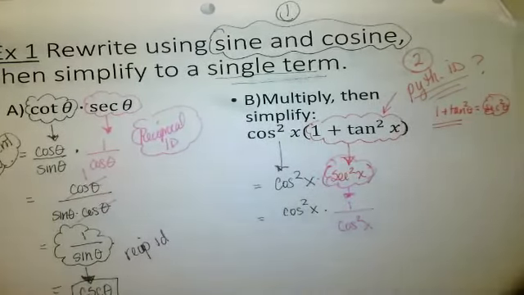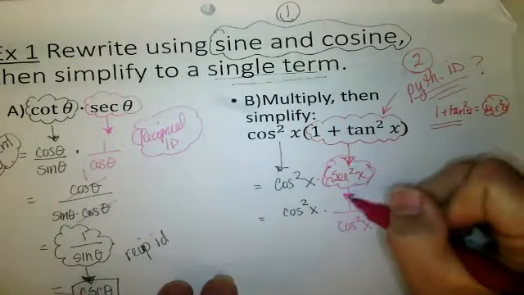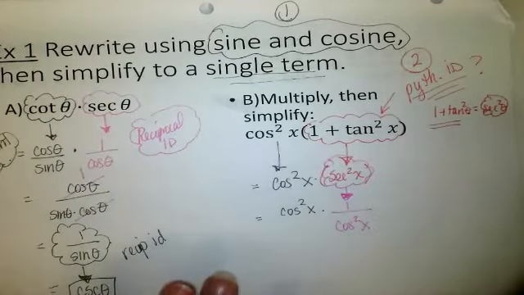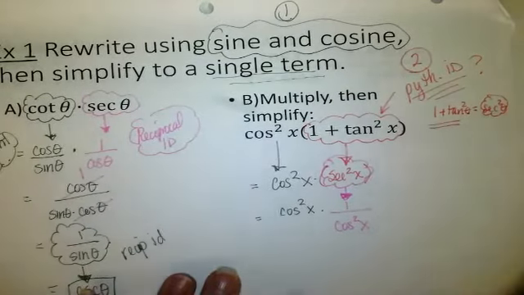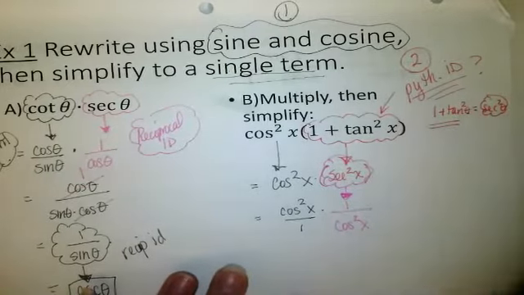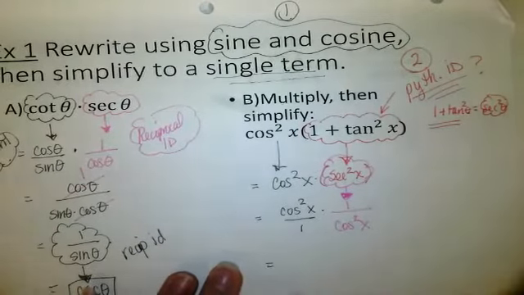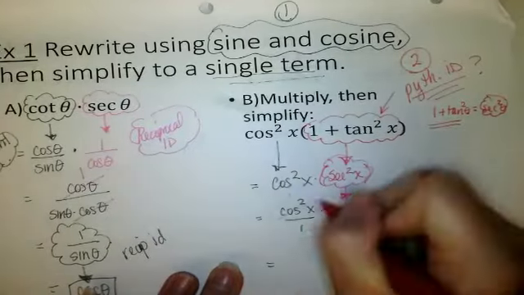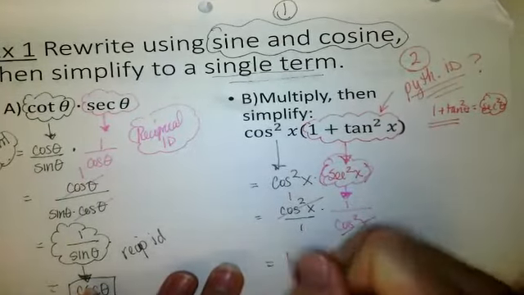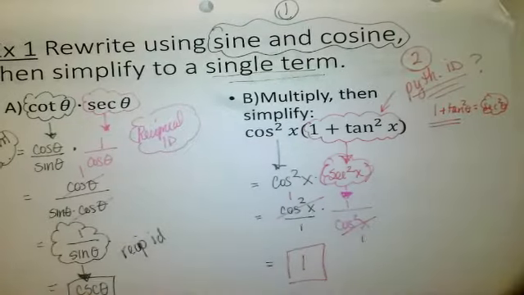Good. So again, that's a reciprocal identity. Now, what happens here? It reduces, yeah. So you could multiply straight across, big cosine squared over cosine squared, but it does just reduce. Cosine squared goes into itself one time. So we get 1. Nice compact answer there.